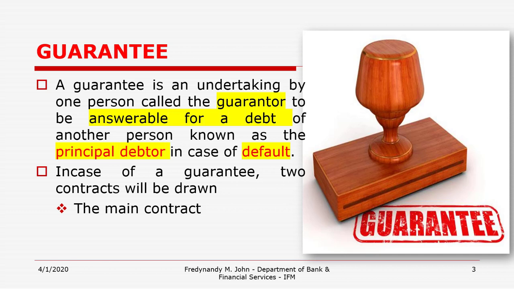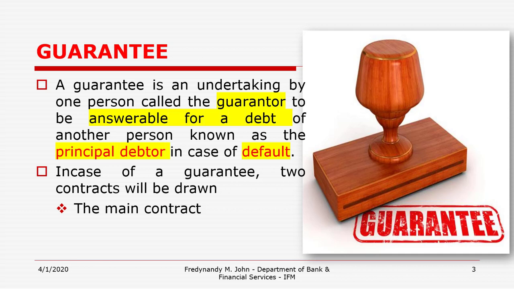Let's say a borrower, company X, agrees to repay 200 million at an interest of 10% per annum over a period of 7 years. That will be the main contract, the contract between the banker or lender and the borrower.